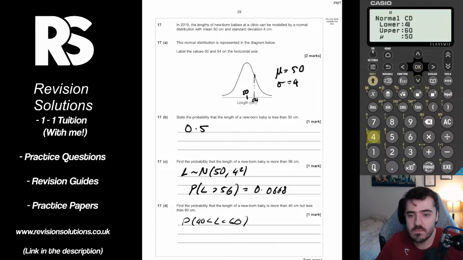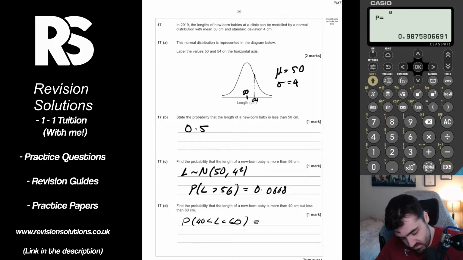Oops, let me do 40 again. There we go. And then scroll down, execute. That's 0.987, which is to be expected. That's a big wide range across the mean where all our probability is. So let's call it 0.988 to three significant figures.